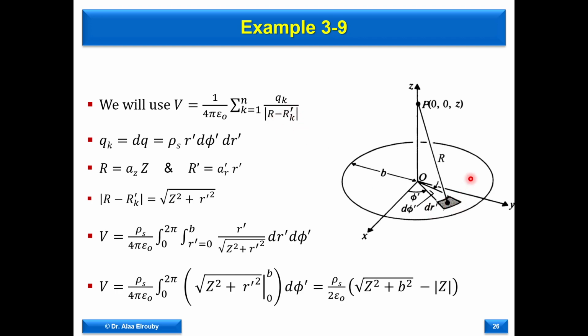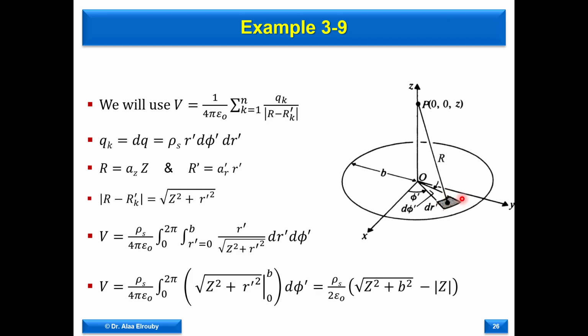Okay, so now to solve this problem, we're going to divide this disk into differential surface elements and deal with every differential surface element like this one as a point charge. The charge in this surface element equals rho s multiplied by the area.